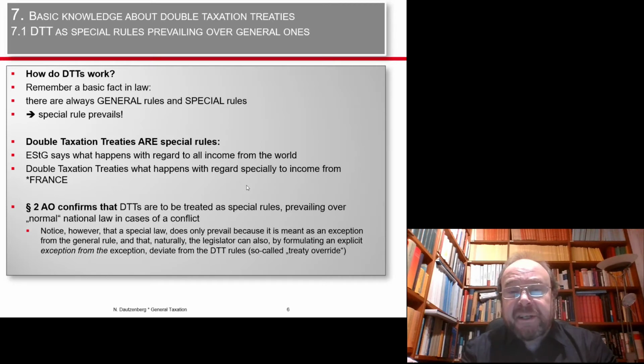And inside your own state, the prevalence of the double taxation treaty rules just and only relies on the fact that Parliament said this has to be regarded as an exception from the general rules. So the consent of Parliament to the treaty is nothing else than a simple standard law like every other law in the world.